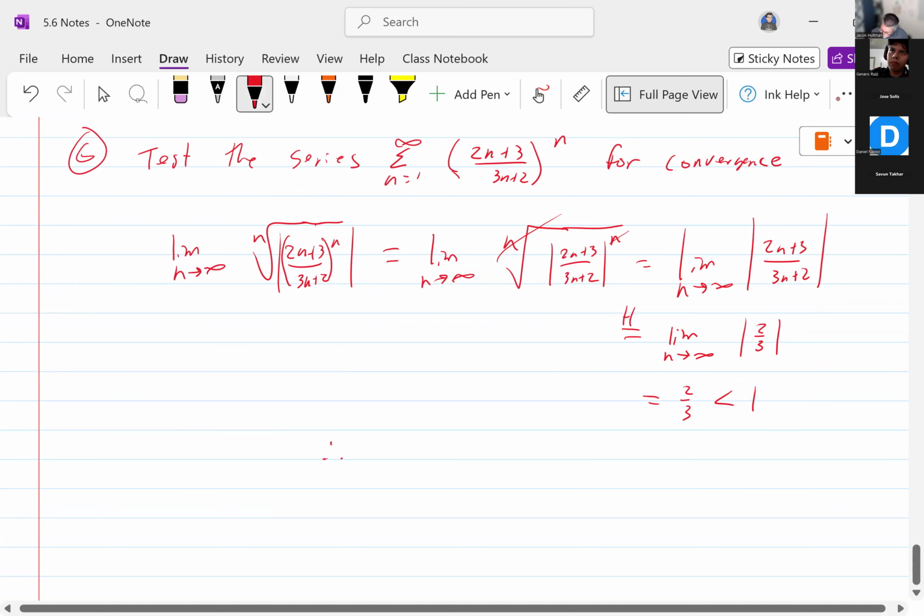Therefore, by the root test, the series is convergent. It's absolutely convergent, which makes it convergent.